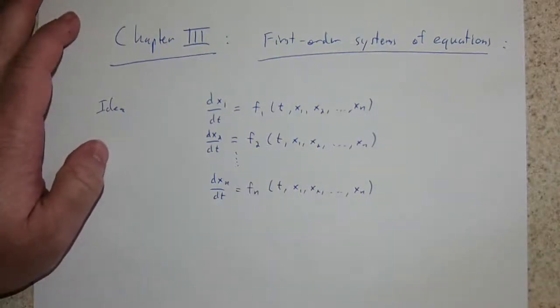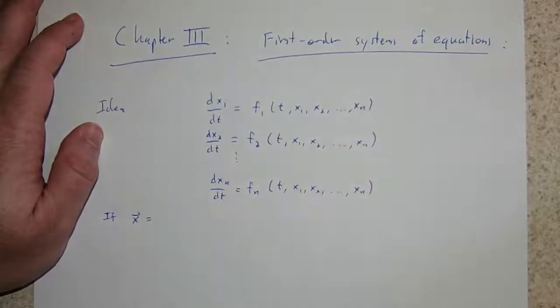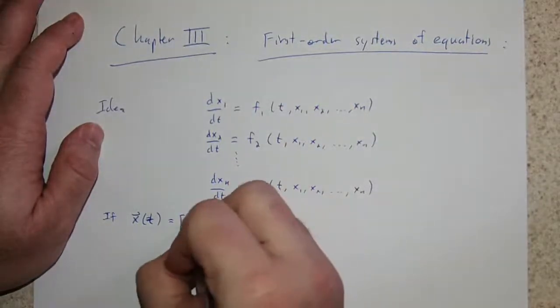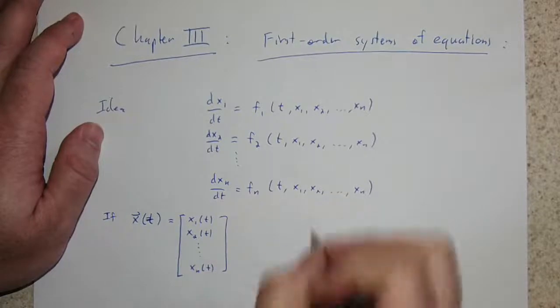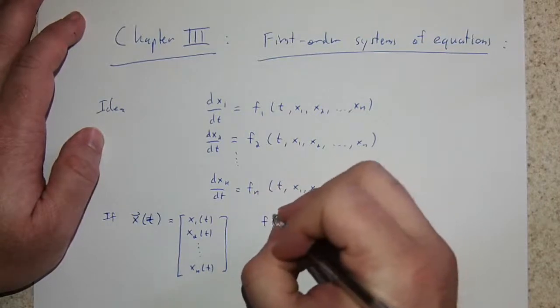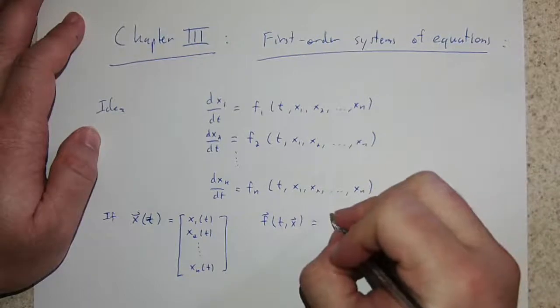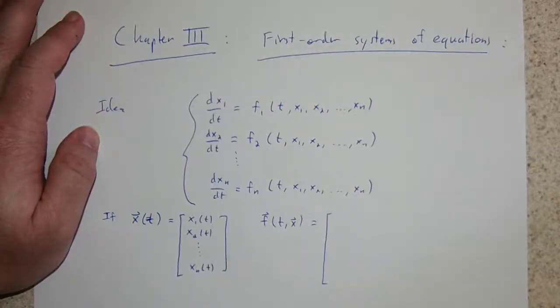So, rewriting these as a vector: if x is the vector, and I'll write this as x of t here, containing the unknown functions x sub 1 of t to x sub n of t, and if f of t, x is the vector that contains the right-hand side f's, all taken together, then a solution x sub 1, x sub 2 to x sub n of this system would solve all of these simultaneously.